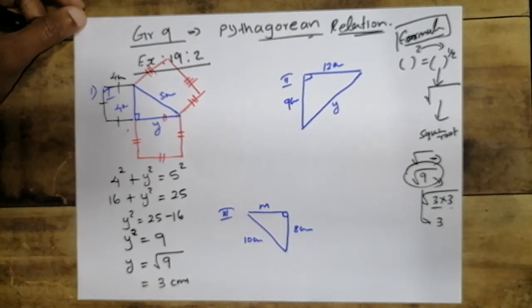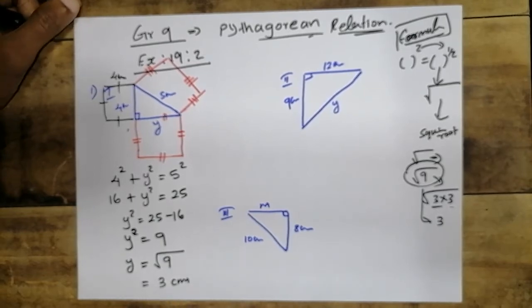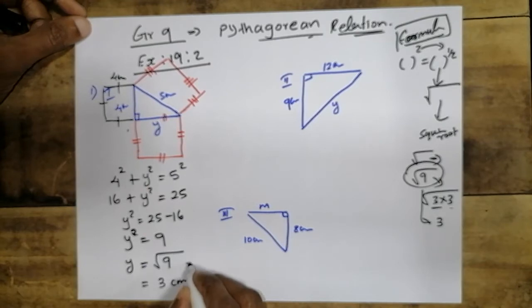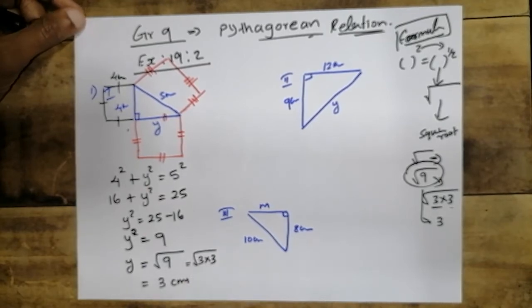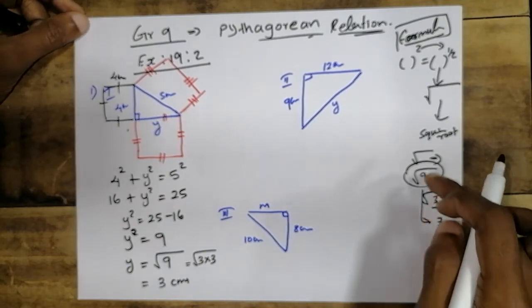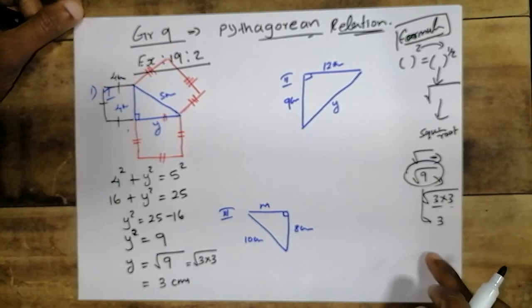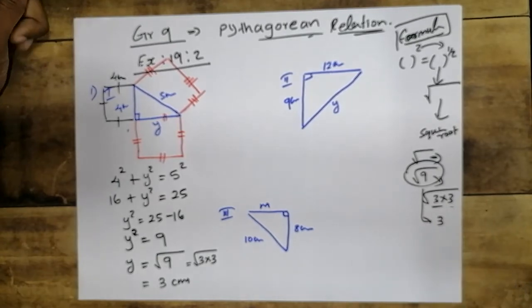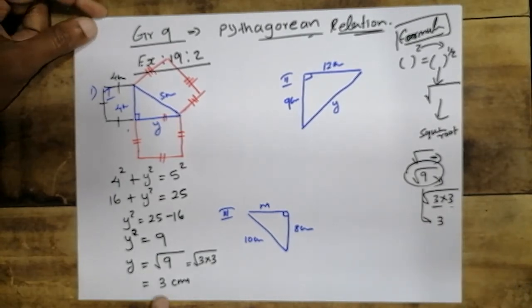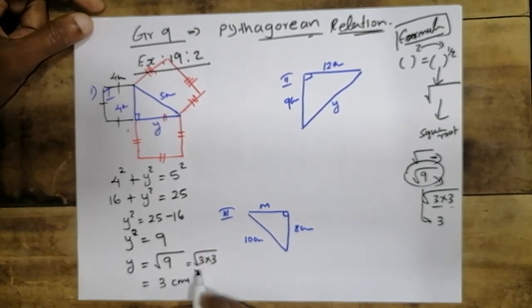So if you want to practice, you can add another step before the final answer. You can write 9 as 3 into 3 for your practice. If you are familiar, we can write 9 as 3 and 3, so the answer is 3. If you are familiar, you can write the answer directly, or it's better to write this step.